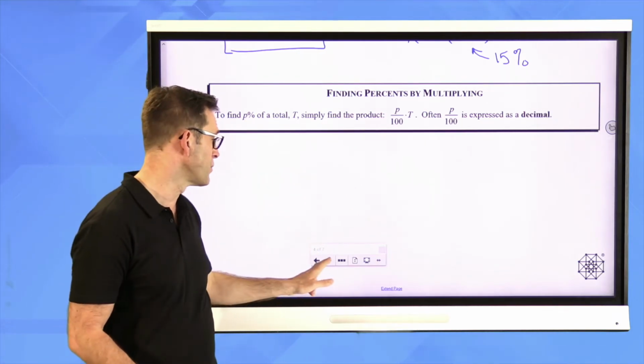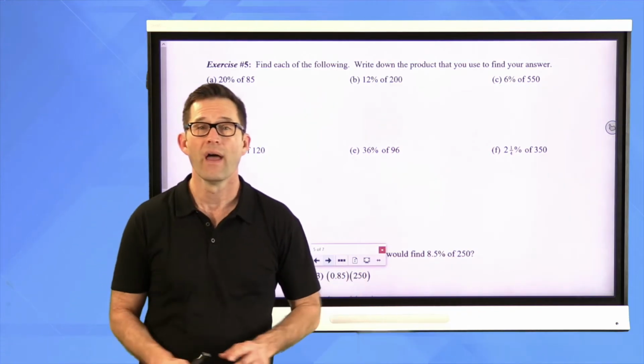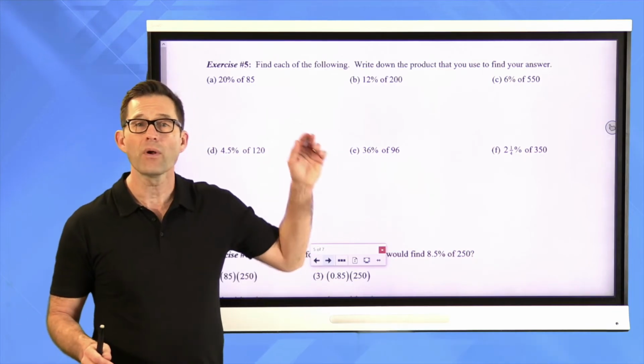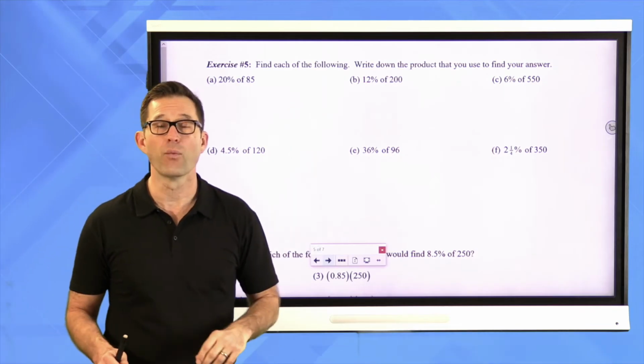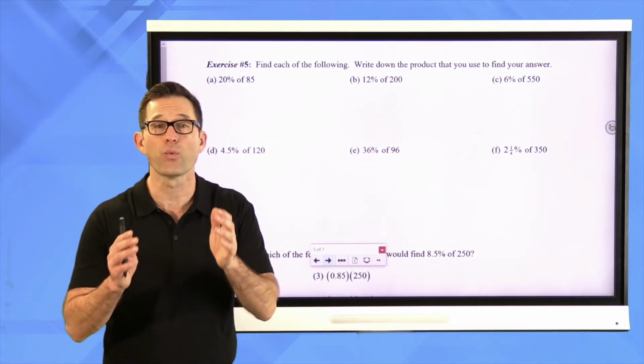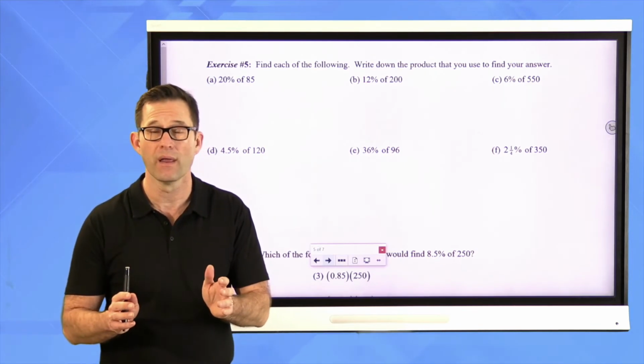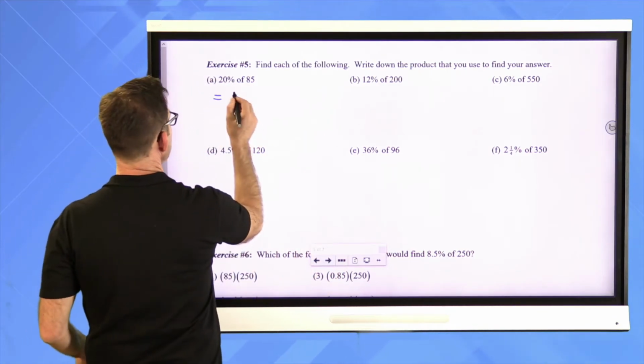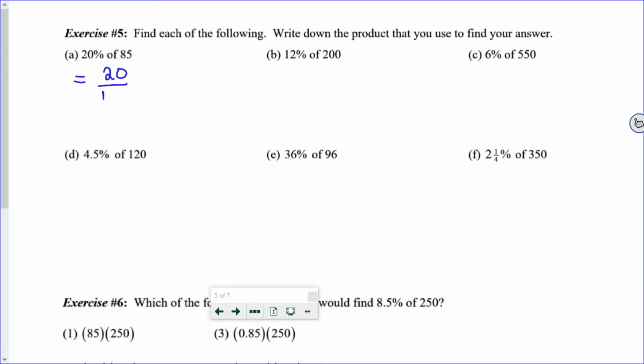So let's get some work on this. This is just critical. Exercise number 5. Find each of the following. Write down the product you use to find your answers. All right, so look. If I want to find 20% of 85, what I'm really doing is multiplying by 20 100ths.